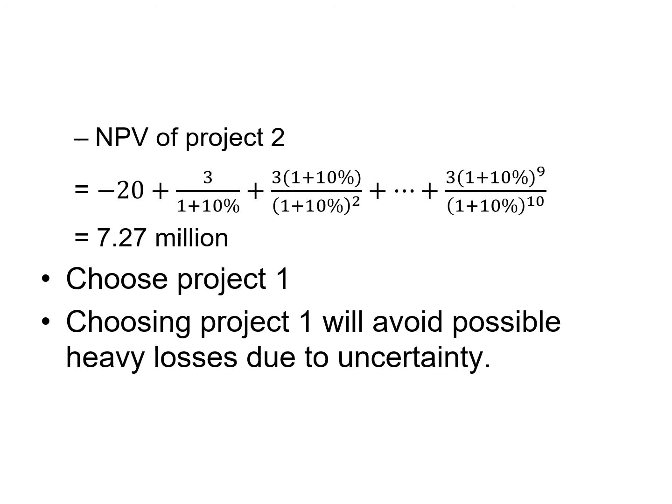So the NPV of the first project is higher, and we will choose the first project. By choosing the first project, we will avoid possible heavy losses due to uncertainty. This is because the initial investment of the first project is smaller.